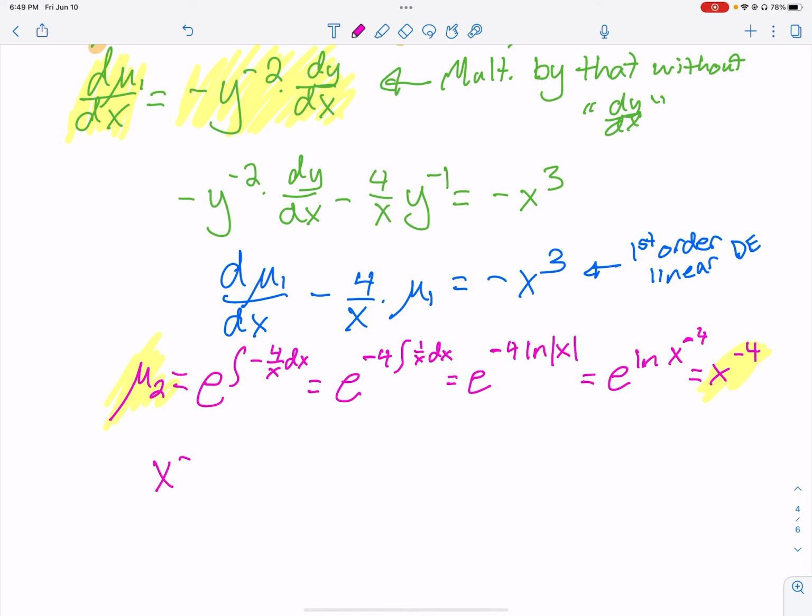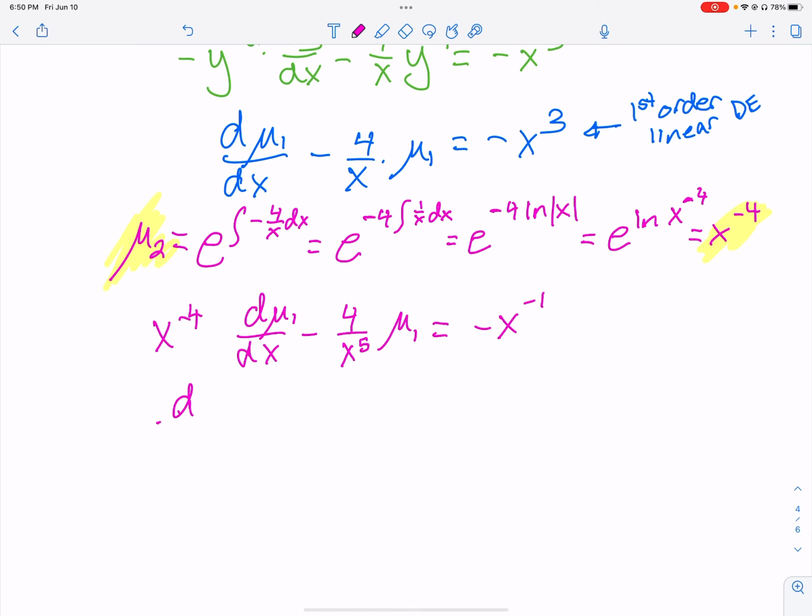We have x to the negative 4 times d mu1 over dx minus, let's go ahead and distribute, 4 over x to the 5th times mu1 equals negative x to the negative 1. That's multiplying this by x to the negative 4.